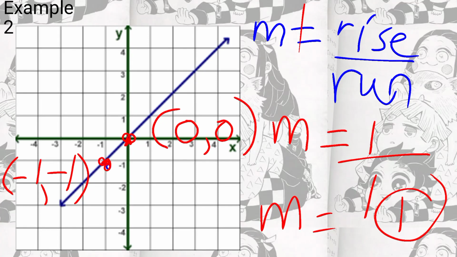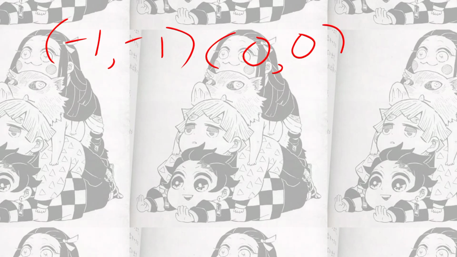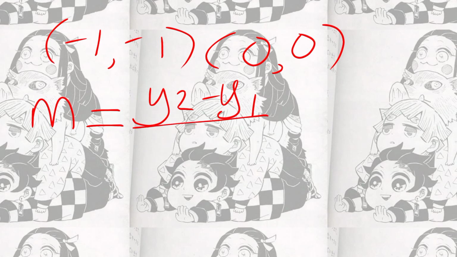Okay, let's check using the formula if our answer is correct. Why is it 1? Because obviously, 1 unit rise, 1 unit run. So let's check using the two points we took on the line. We have negative 1, negative 1, and our second point is the origin with coordinates 0, 0. Our formula is y sub 2 minus y sub 1 over x sub 2 minus x sub 1.